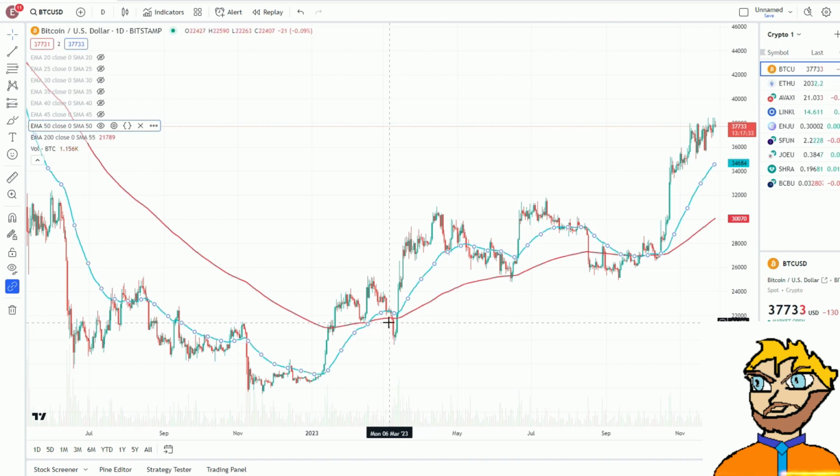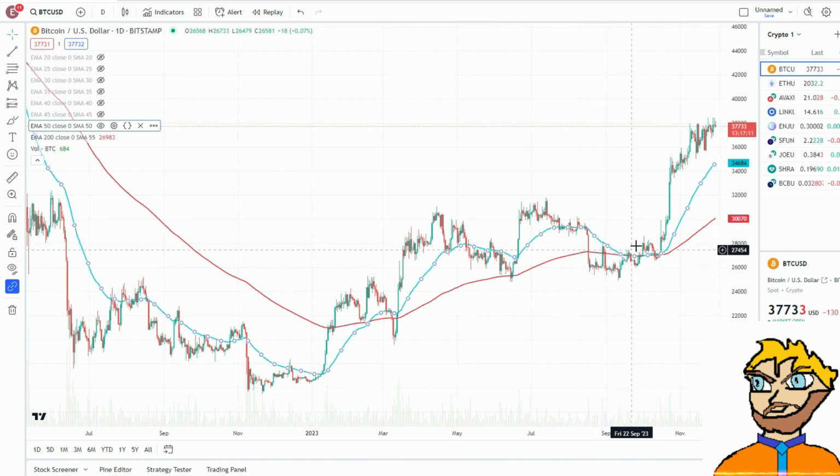So in that case, we stay bullish, and then we see this, and here are many candles above the 200-day moving average. So we're definitely in a bullish cycle here, but we haven't really decided. The market is careful.